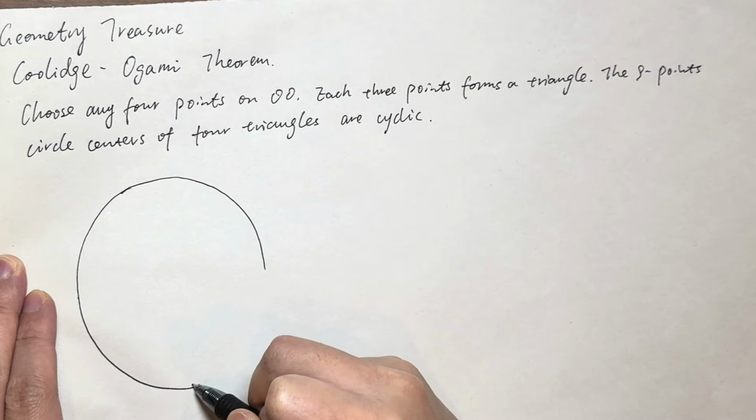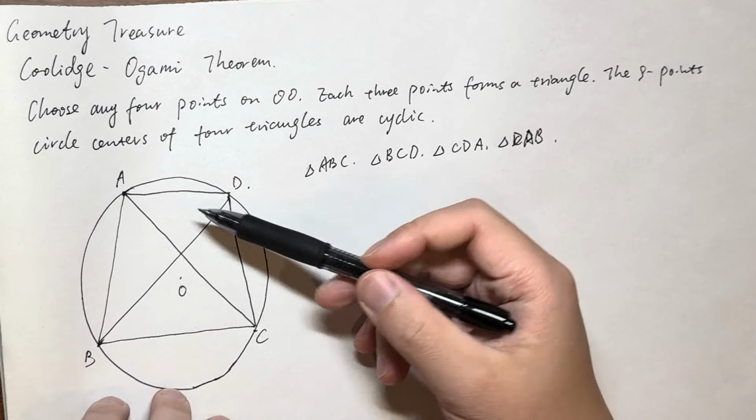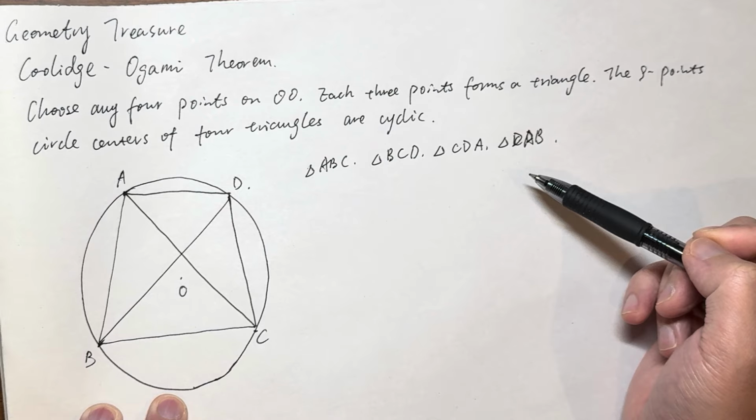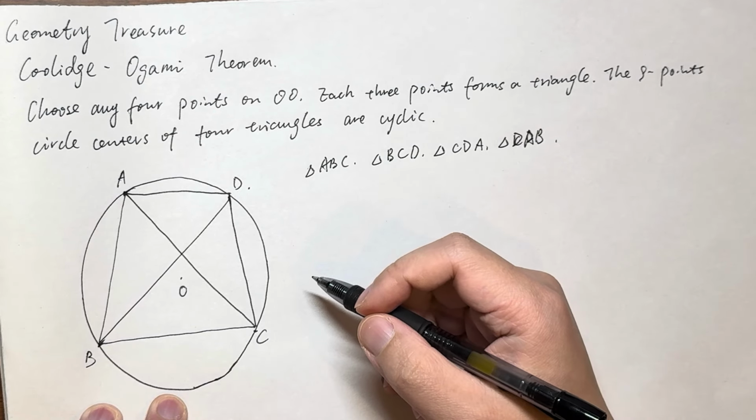The easiest way for this problem, because these 4 points are arbitrary, is to think about the relationship between the 9-point circle and the orthocenter. All of these 4 triangles share the same circumcenter, which means we can find the orthocenter.